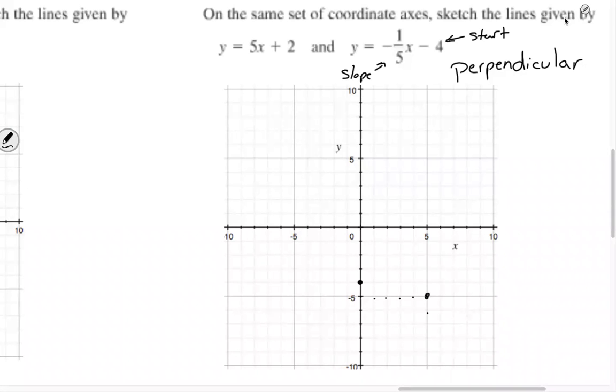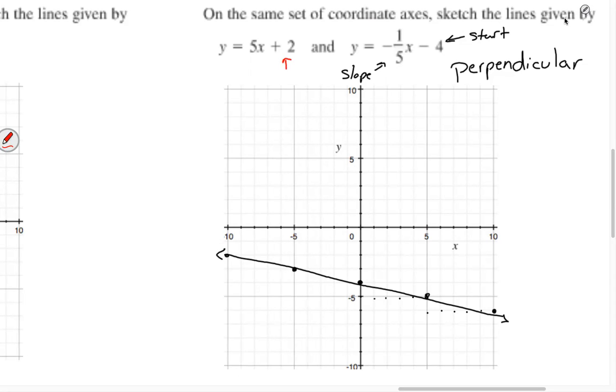Now I could use the edge of my calculator or a ruler to get that line, but I don't have it, so I have to get points back here to the left. I'm going to connect them. There we go.